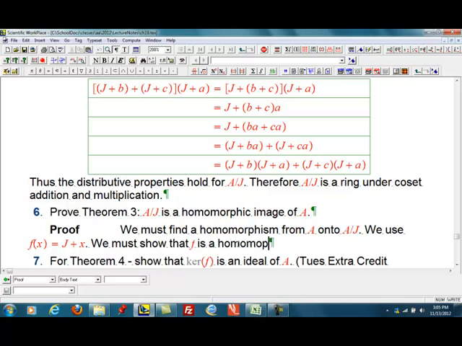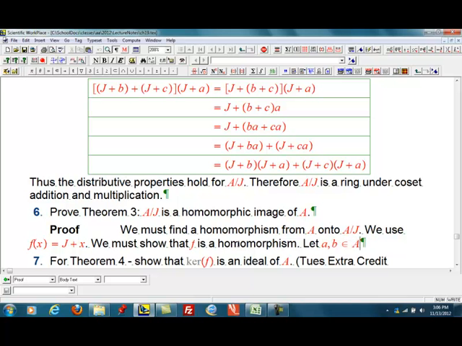How do you show it's a homomorphism? No, we're assuming A mod J is a ring. So we have to start with two things in A. Sorry, I was thinking A to A mod J. I was right the first time.